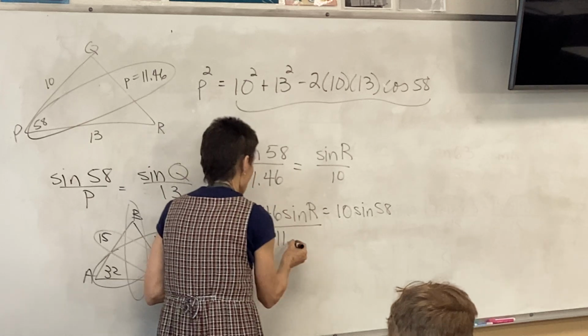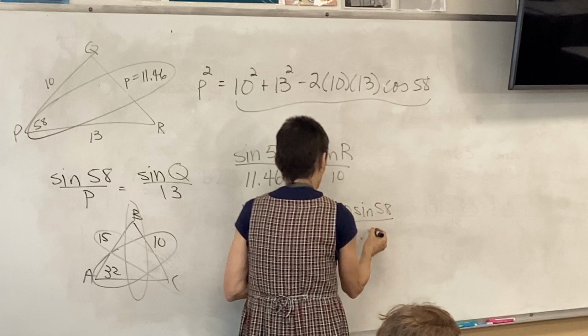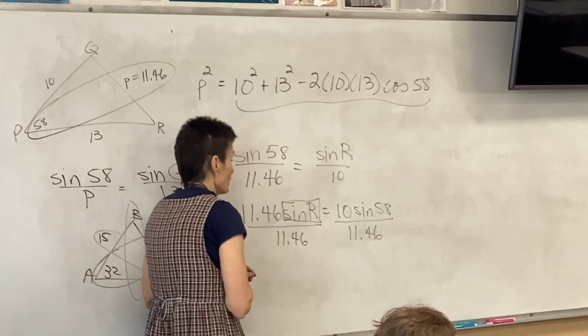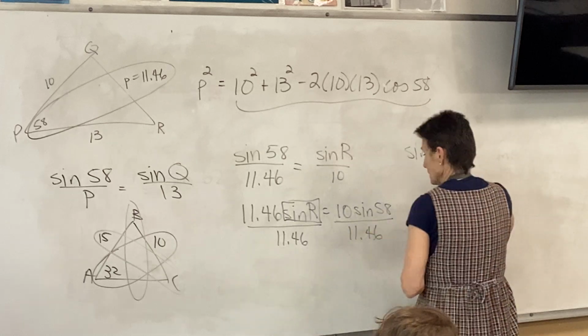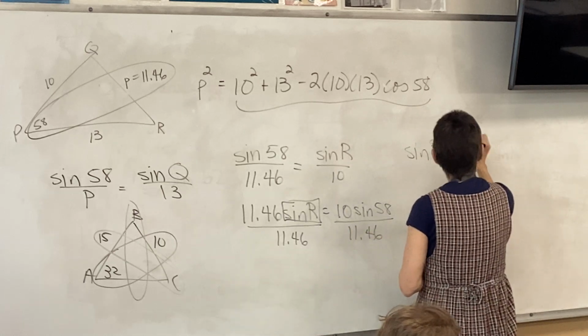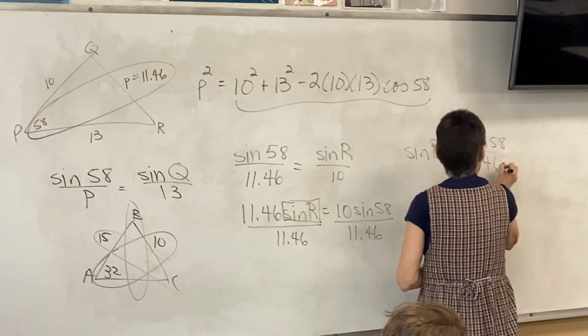That's what I'm dividing by. This can't be broken. So it says sine R equals 10 sine 58 divided by 11.46.